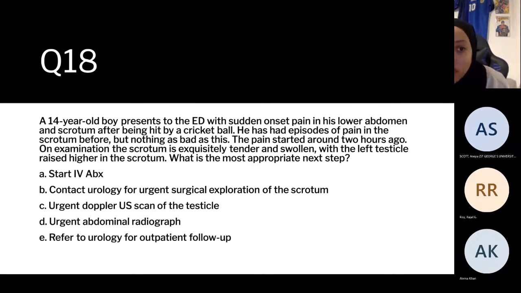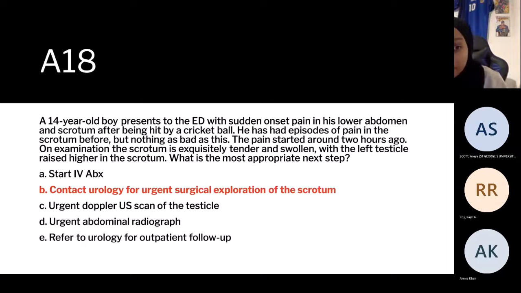So, although the correct answer is B, I can see where you're coming from with C, you want to see what's happening and get an urgent scan.